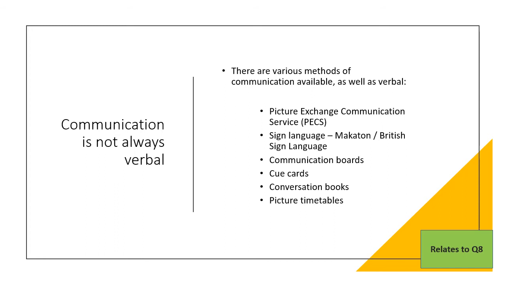They are both types of sign language, but very different. Similar, but there are differences. Communication boards, cue cards, conversation books, and picture timetables. There are a few examples, and we're going to look at some of them a little bit more on the next slides.